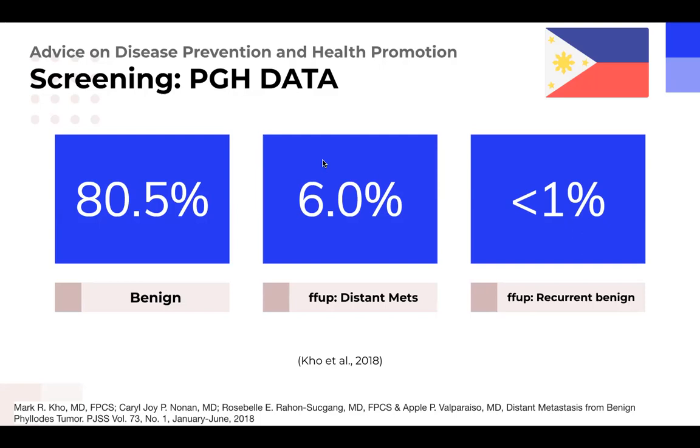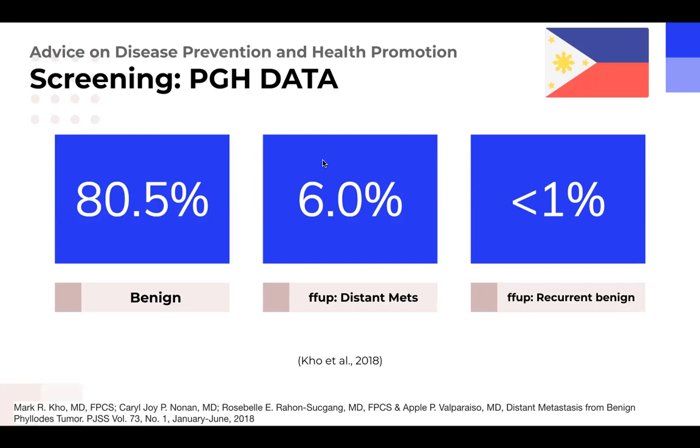Okay. So because we will input those local experiences to our journal appraisal, okay, we'll leave that for a while. Okay, benign, 1%, locally recurrent. You sure?